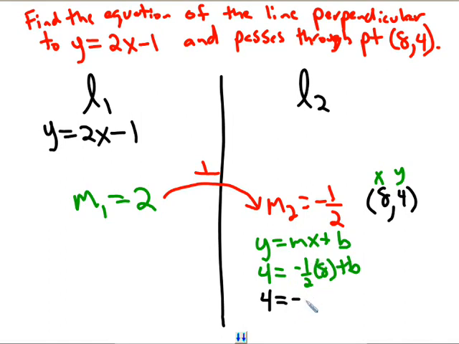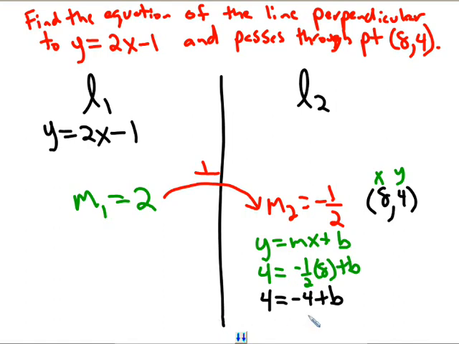And then you add 4 to both sides, so you get the value of what? B is equal to 8. So let me show you what I did here. You add 4, so B is equal to 8.